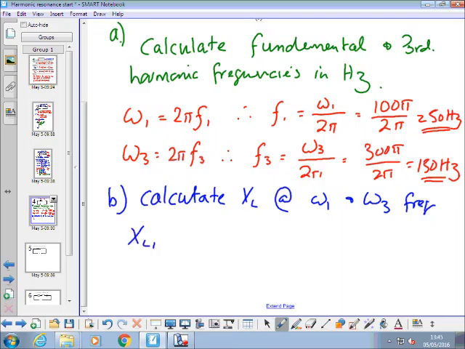So XL at omega 1 is equal to omega 1 times L, which is 100 pi times 0.05. I haven't even given you component values yet. Your inductor is 50 millihenries, so 0.05, and I'll put them on the diagram in a minute.